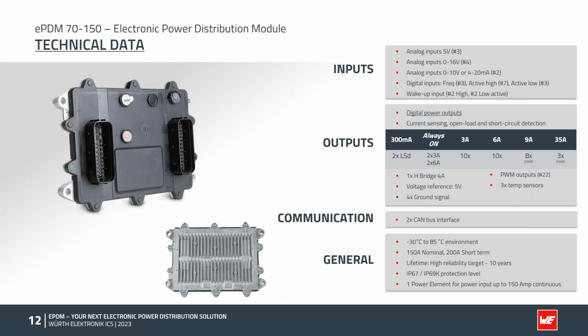I want to highlight that these figures are within an enclosed area, without airflow. Any airflow or cooling solution which can be applied on your system will give even more efficiency on the current capability. Finally, we designed our device, from the electrical point of view as for the housing, to survive through the roughest environment with an IP6K9K and a high reliability of over 10 years.